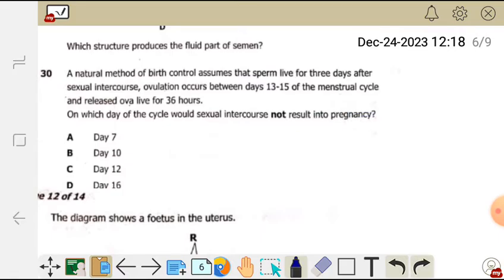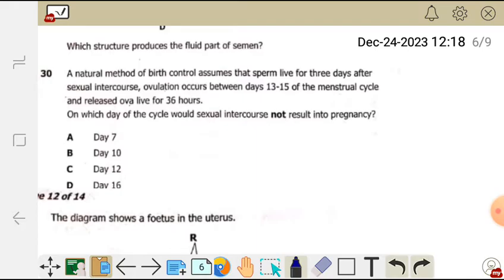Okay, so they are saying a sperm can live up to 3 days. And then the ovulation occurs between day 13 to 15. And the released ovum can live up to 36 hours, which is about a day and a half. Okay, so on which day of the cycle would sexual intercourse not result in pregnancy?